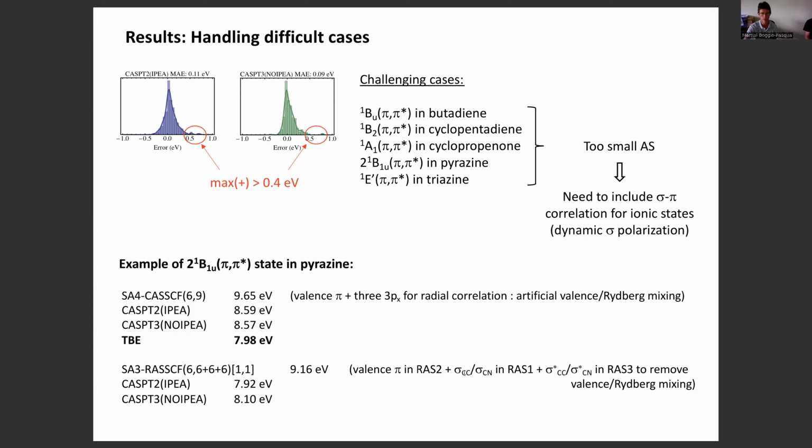We did that at the RASSCF level, including the sigma in the RAS1 and sigma star in the RAS3 space, and then optimizing the orbitals so that we remove this artificial valence-Rydberg mixing. And in this case, if we use the RASSCF optimized orbitals to compute our CASPT2, CASPT3 vertical transition energy, things are much better, within 0.1 eV of the theoretical best estimates.